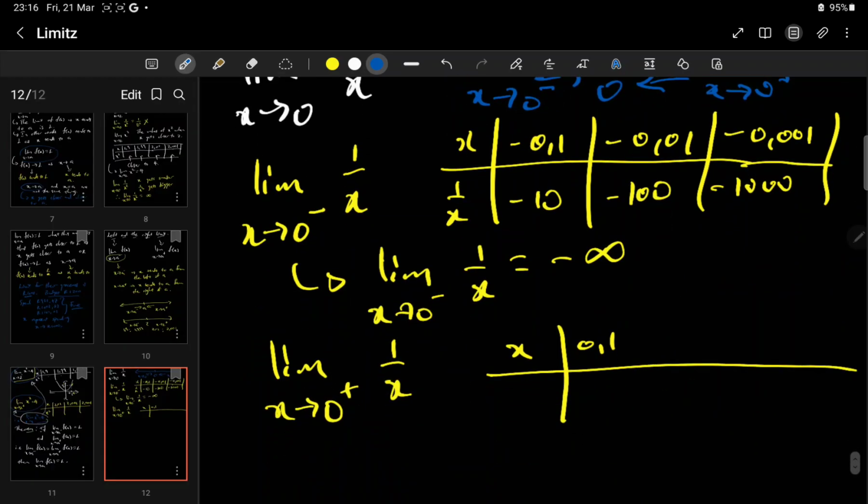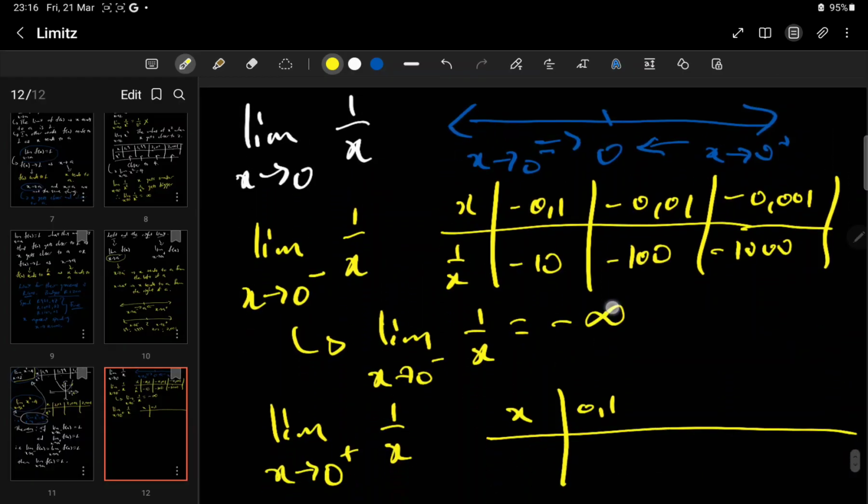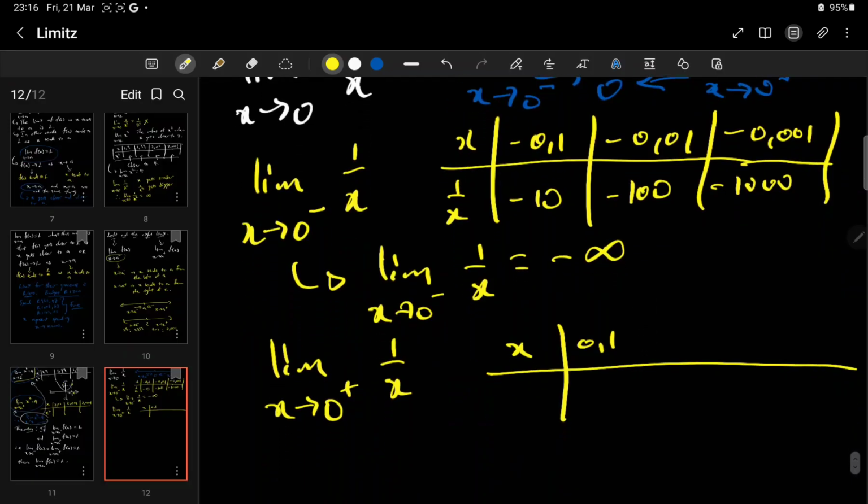So from the right we are talking about positive numbers closer to 0, like 0,1, 0,01, or 0,001, etc.